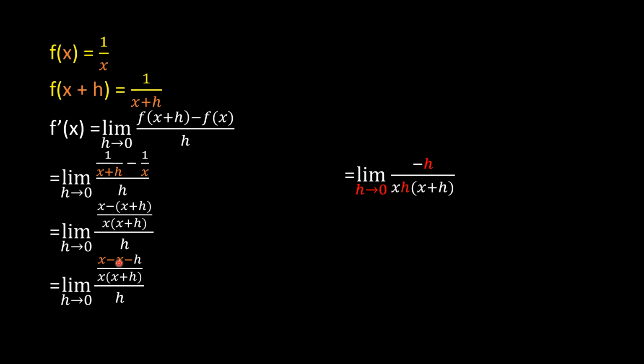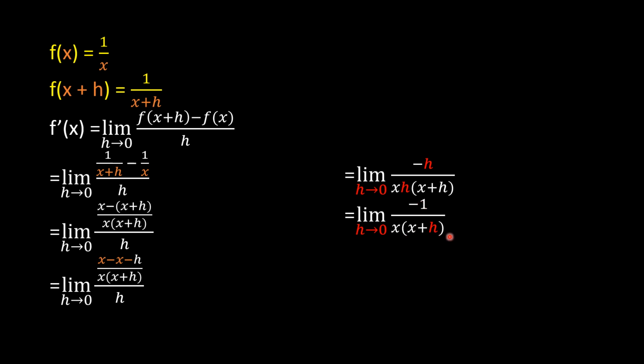X minus x will become 0 and x multiplied by h will become xh. As h approaches 0, h is not equal to 0, so therefore this h will get cancelled with this h. We get minus 1 upon x times x plus h.